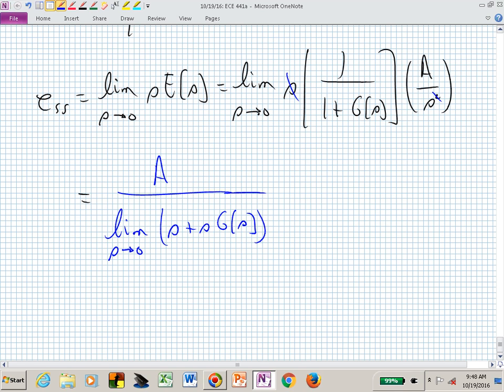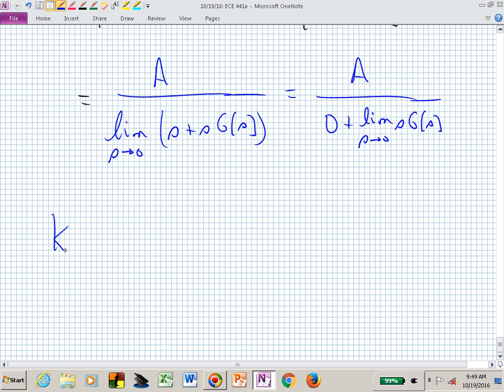Is that clear? What happens to the first piece of that two-term denominator as S goes to 0? That goes to 0, and so I now have A over 0 plus the limit as S goes to 0 of S G of S. But what was that? Do you remember?